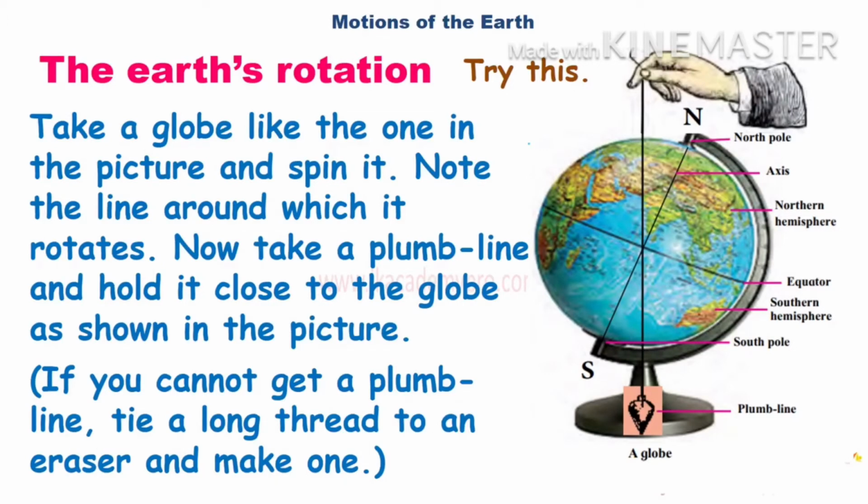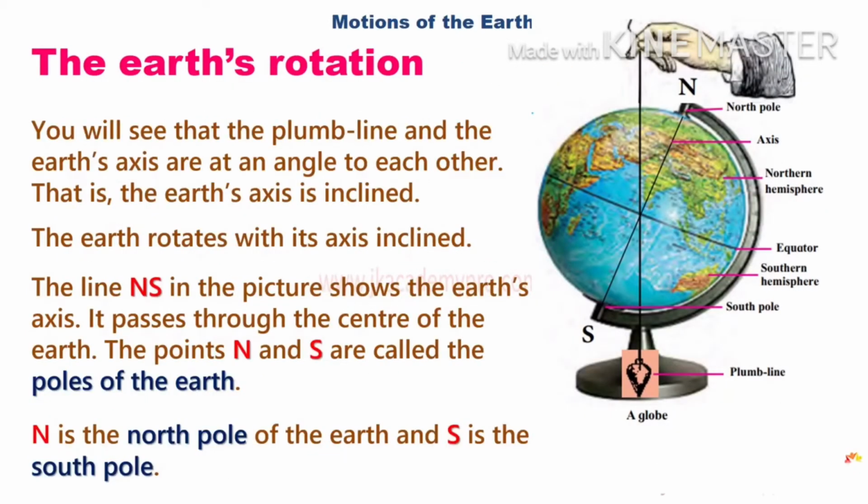Do you know the plumb line? So a plumb line is a kind of string, and something heavy is tied downwards so that the string remains straight. Now if you cannot get a plumb line, tie a long thread to an eraser and make one. The eraser will hang straight downwards and the line will be totally straight.